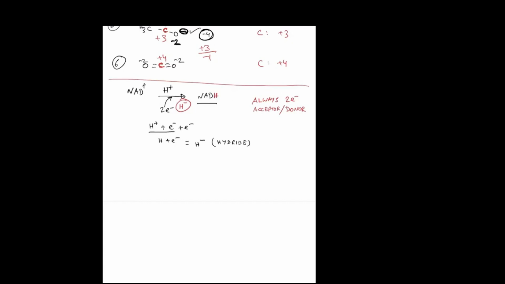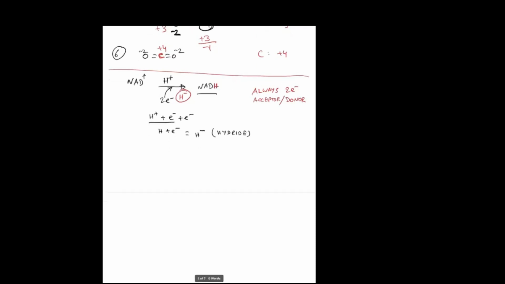If you look at the structure, it will become more clear. So in the slides or in the book, you will find the structure of NADH and NAD plus. If you look at that, it has this kind of structure, and then there's a nitrogen here, and this nitrogen is attached to a big functional group R, and it has a double bond here, here, and the nitrogen is plus.